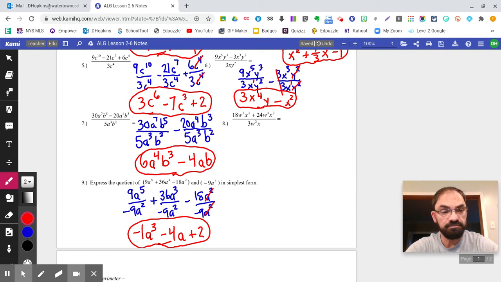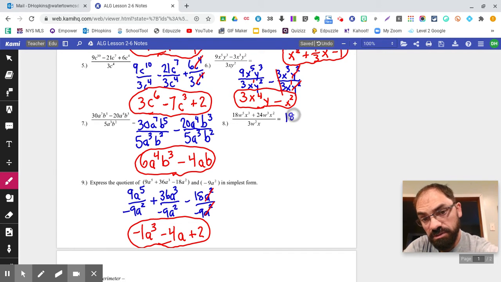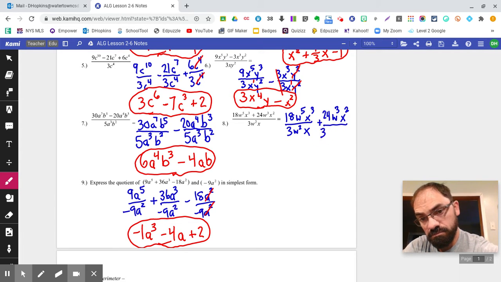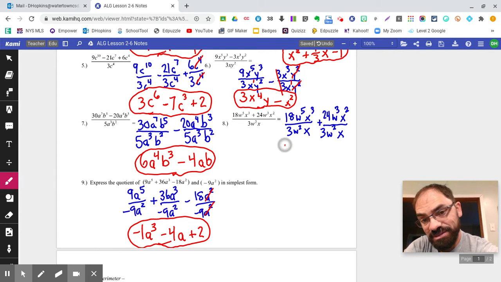Number 8. 18w to the fifth x cubed. 18 divided by 3 is 6. 5 minus 2 is 3. 3 minus 1 is 2. 24 divided by 3 is 8.